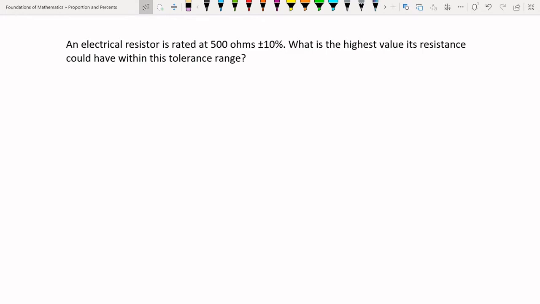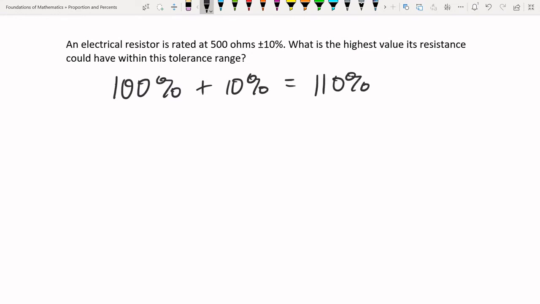Well, if it's plus 10%, that means we're going to think of it as 100% plus 10%, which means 110%. So we're going to look at what is the new value that's 110% of the original value. And the original value is 500, or you can think of this as 100%.